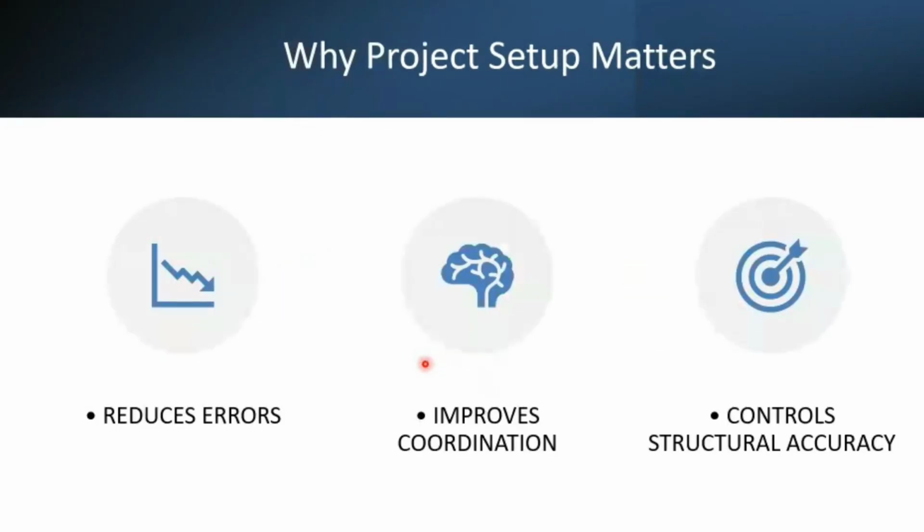Why does project setup matter? It is very crucial for reducing errors, future problems and issues with others, and it also improves coordination. It really is important for you to set up your project correctly. It also controls structural accuracy.